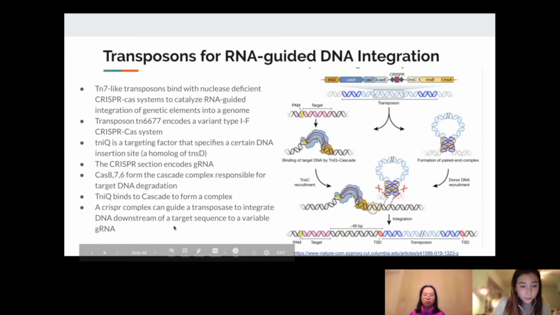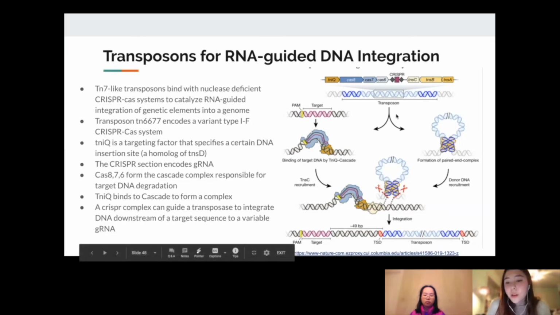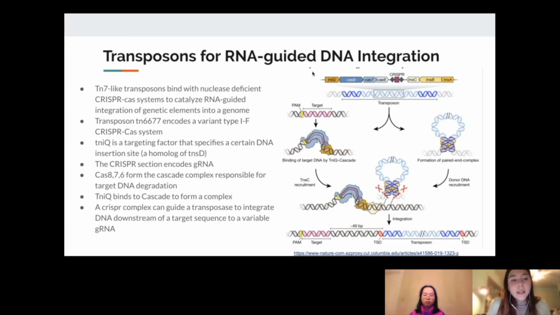So if we look through this diagram, we've got this TN7-like transposon system on top, along with our transposon itself. We can see here that the purple target sequence that is targeted by this CRISPR array is bound by the TNIQ cascade complex that's formed over here. That would be this funky looking guy right there.